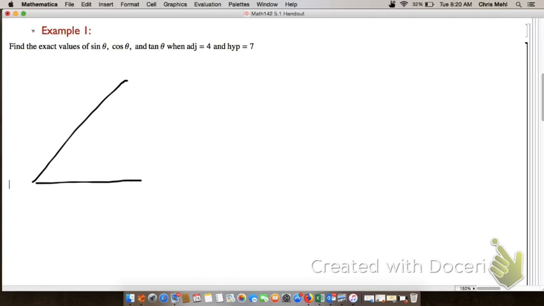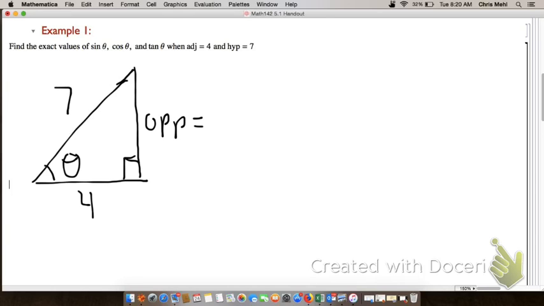Let me make it look more like a right angle here. There we go. First of all, I would label the angle in the bottom left. We were told the adjacent side has length 4, the hypotenuse has length 7, and what we don't know is the length of the opposite side.